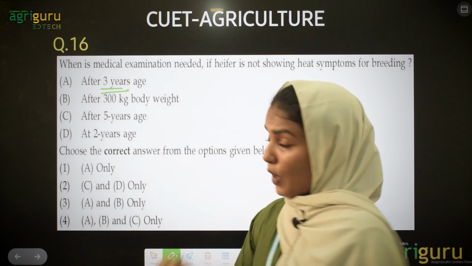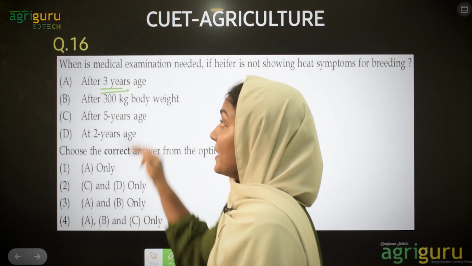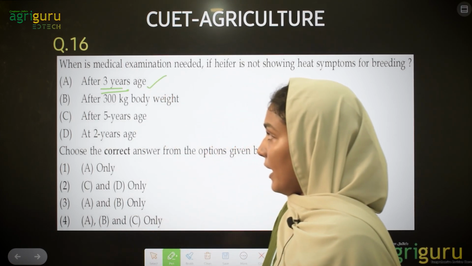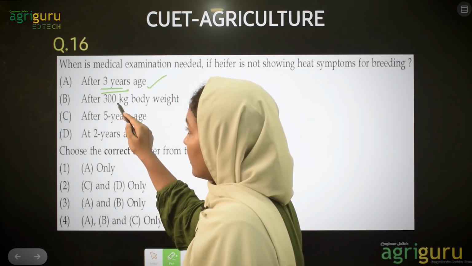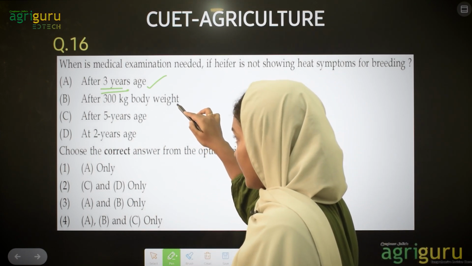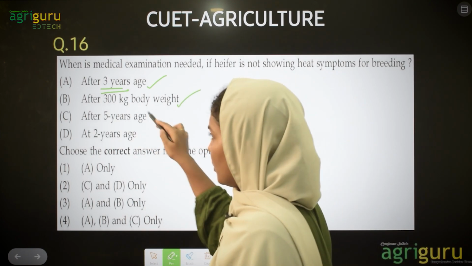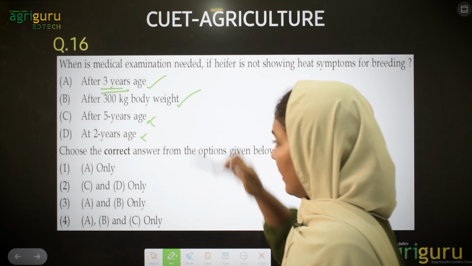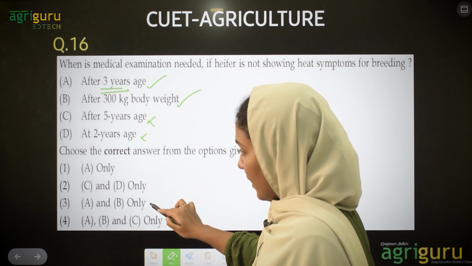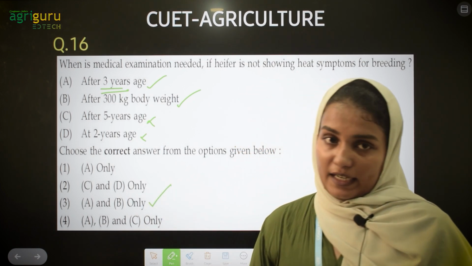If the heifer is not showing heat symptoms after 3 years of age, medical examination has to be conducted. And after 300 kg, after attaining 300 kg body weight. Yes, this is also a right answer. The two other options are wrong, and here the right answer is both option A and B only. That is option 3 is the right answer here.